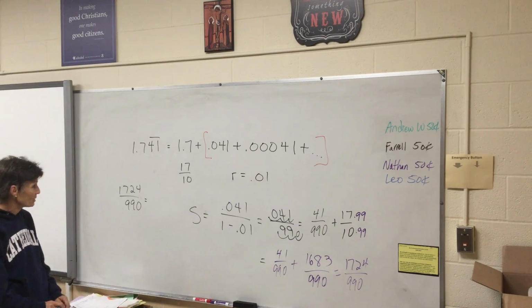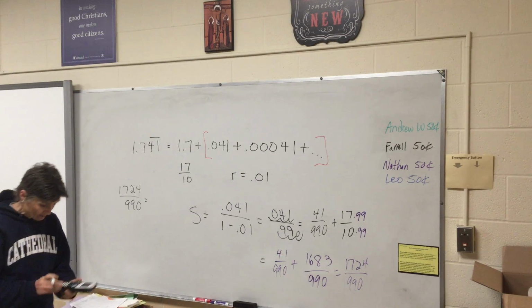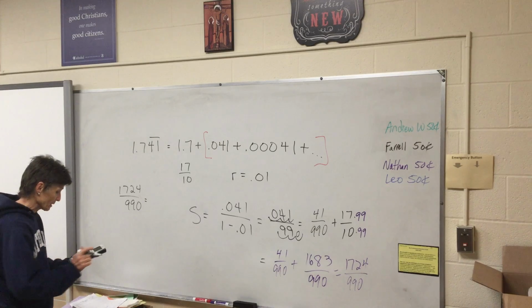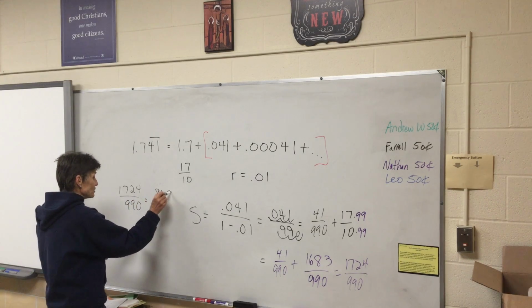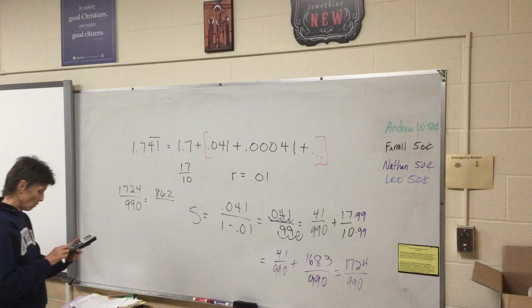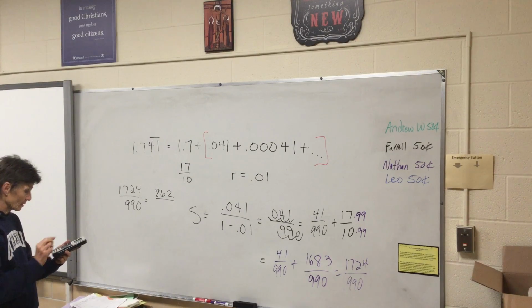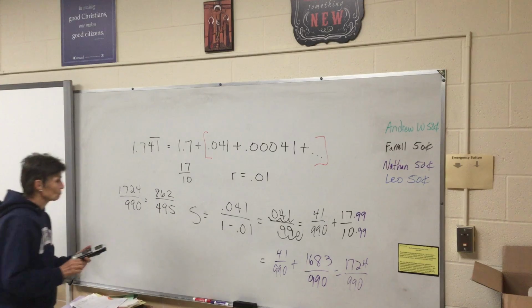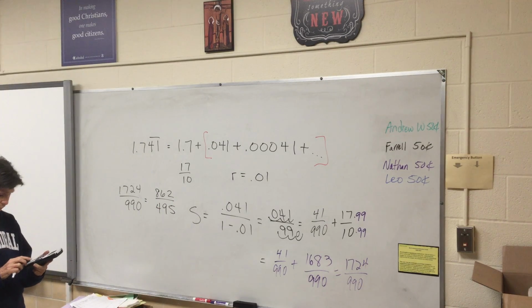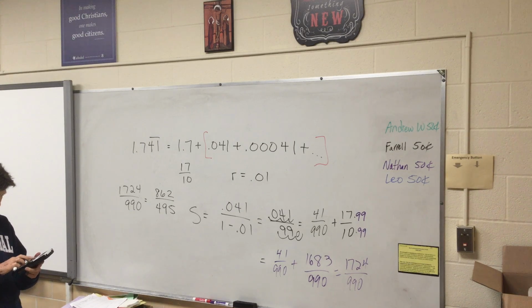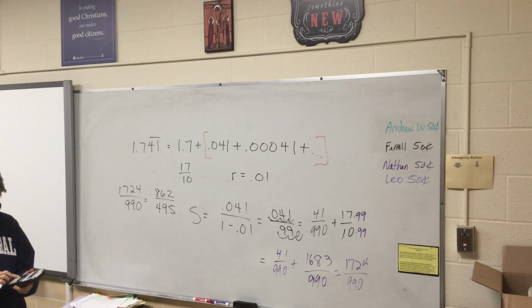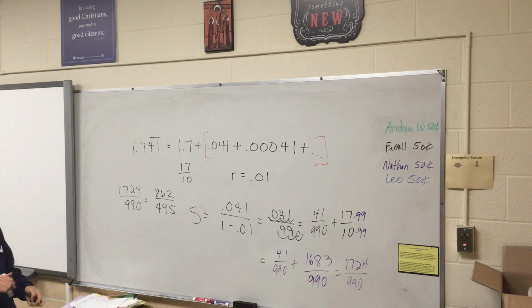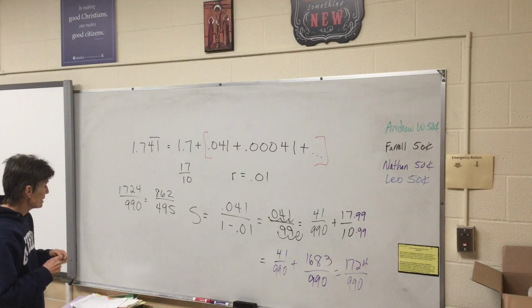At the very least, we know we can do 2. So I'll divide by 2. And I have 862 over 495. Let's see, I can't do 2 anymore.